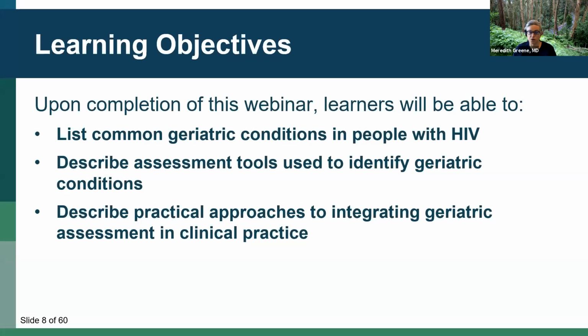The goal for today is, at the end of this next hour and 15 minutes, to be able to list or describe common geriatric conditions in people with HIV, and describe some assessment tools that can be used to identify and treat these conditions. Throughout, we're going to talk about practical approaches to how you can integrate geriatric assessment into clinical practice, especially busy outpatient settings.